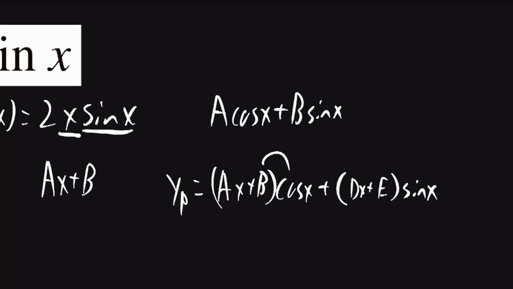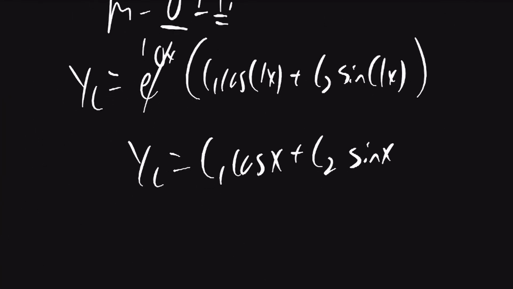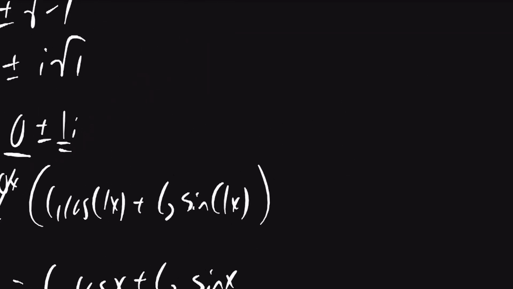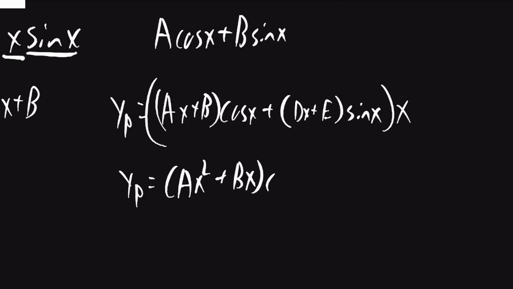However, when we distribute these terms, we'll have a b times cosine x and an e times sine x, but we already have in our complementary solution some constant times cosine x and some constant times sine x, so we have to fix this. To fix this, all we have to do is multiply both of these with an additional x, so yp will be equal to (ax² + bx) times cosine x plus (dx² + ex) times sine of x.